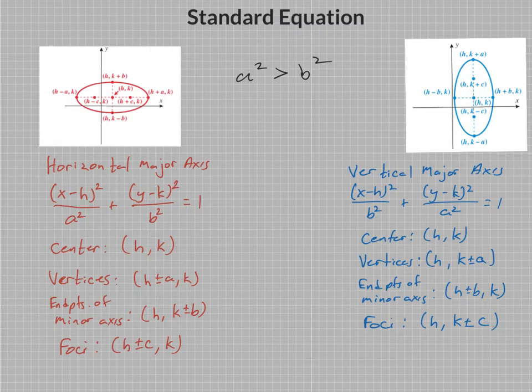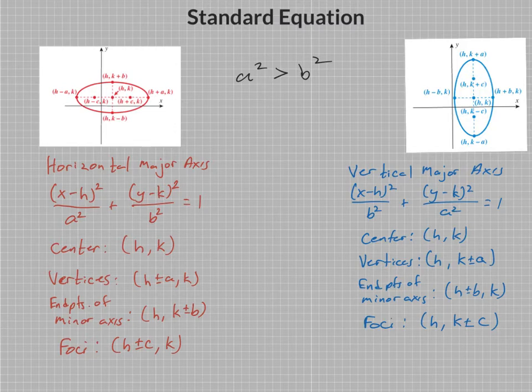Now the other thing you're going to notice on here, we've talked about how the distance from the center to each focus is c. And when we look at this equation up here, I have an h, I have a k, I have an a, I have a b, I don't have a c. Well, to determine c, there is a relationship that does exist between a, b, and c.